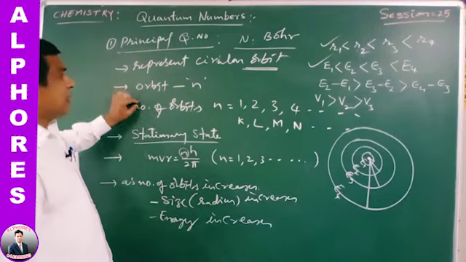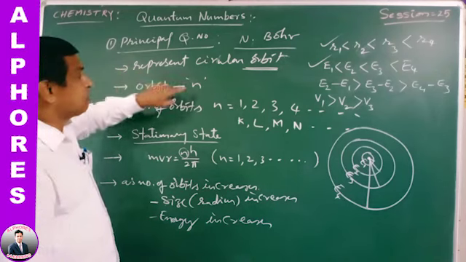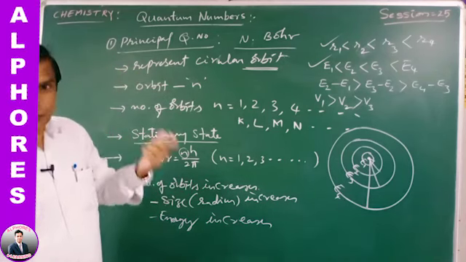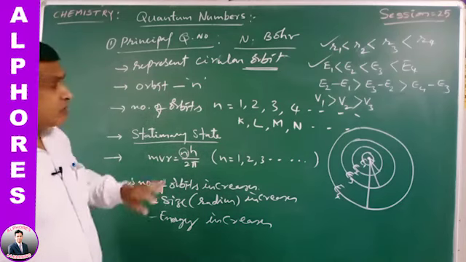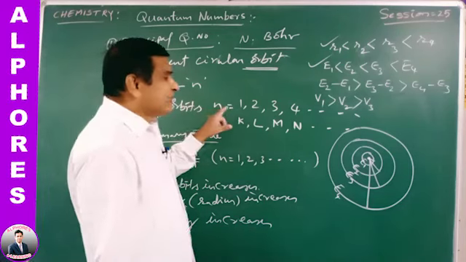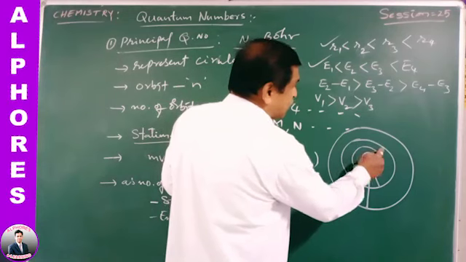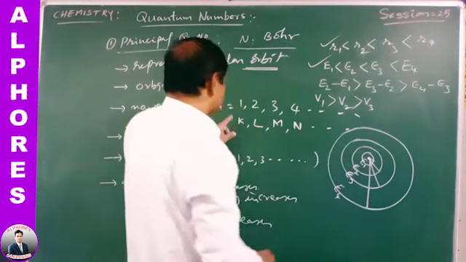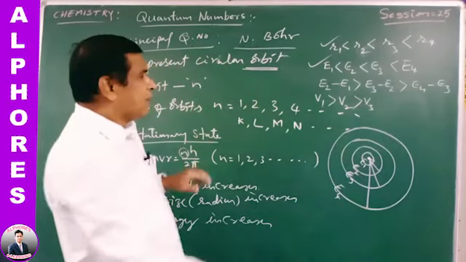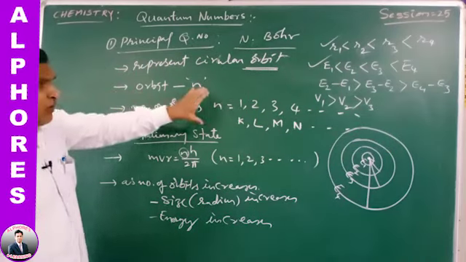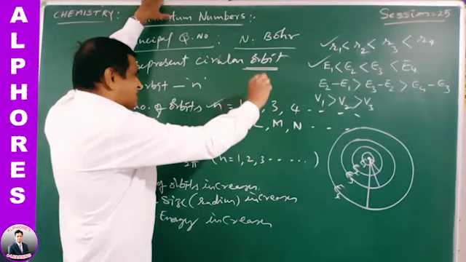Orbit is denoted by the symbol n. The number of orbits are designated as 1, 2, 3, 4, and so on, or K, L, M, N.